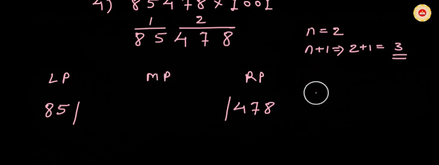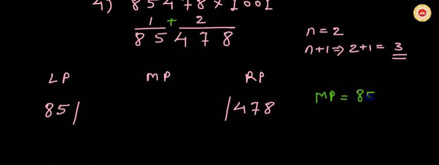What is middle part? To calculate middle part, add first group and second group. See, to calculate middle part, add first group, that means number 85, and second group, that means number 478.